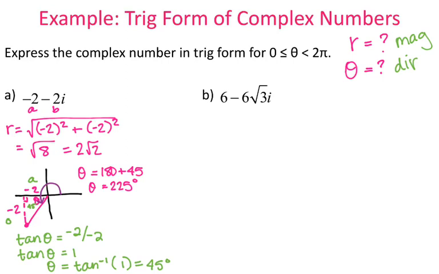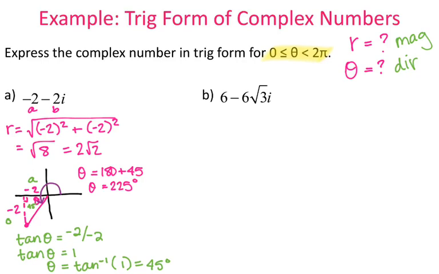Now, anytime we are writing a complex number in trig form, we always want our angle measurement to be in radians. If you look at my directions, it says theta has to be between 0 and 2 pi. Now, I personally like to work in degrees first, and then from there, change it to radians, because that's just how my brain processes some of this stuff.